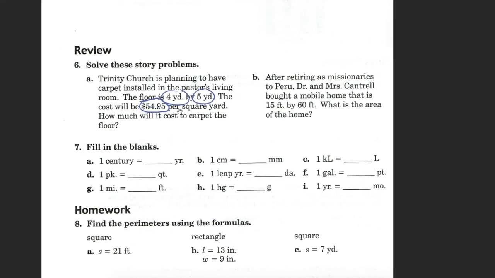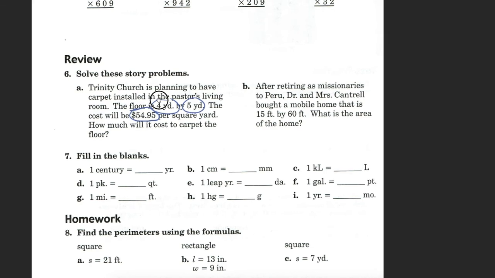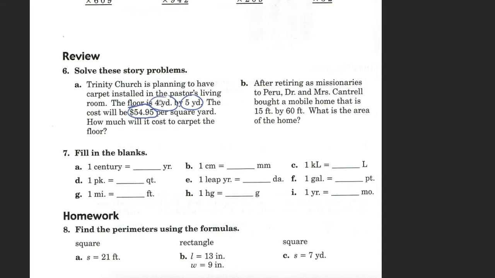Okay, so this is a good question. This is the reason why we're learning about finding the area of a rectangle, because it can help you solve these really real world problems that you'll probably encounter in your life. So you have a floor here. It is 4 yards for the length, and for the width is 5 yards. So that doesn't make sense, right?